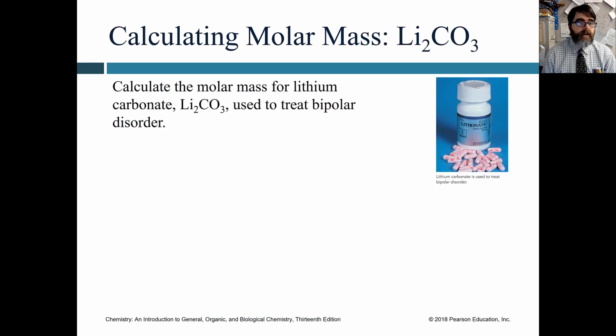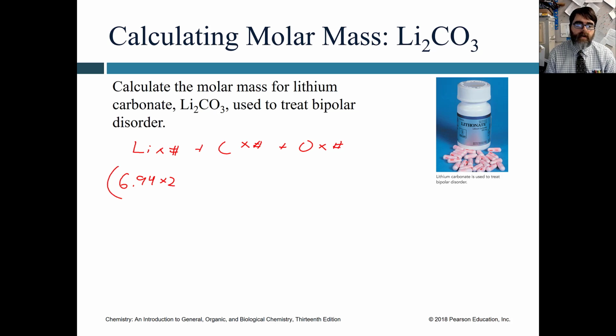So this example here wants us to calculate the molar mass for lithium carbonate. And so the way that I like to do these is we need the mass of lithium times the number of atoms of lithium. And we'll add that to the mass of carbon times the number of carbons, and we'll add that to the mass of oxygen times the number of oxygens. And so the way I like to show that is I jot down the mass first, and then I multiply it by the number.